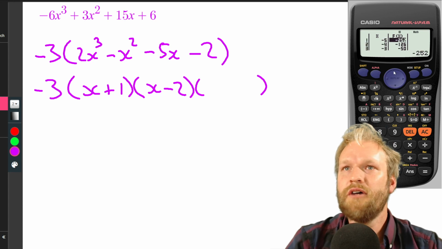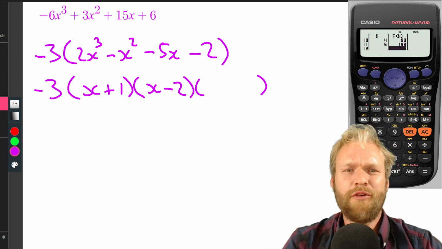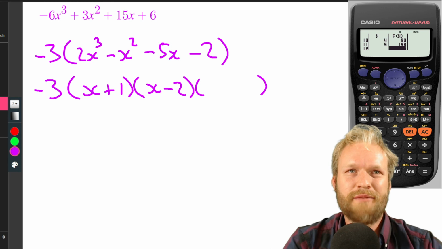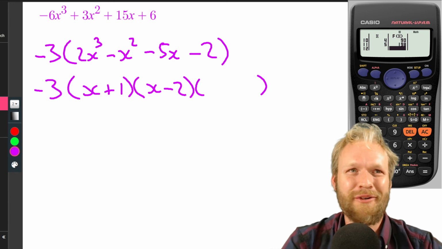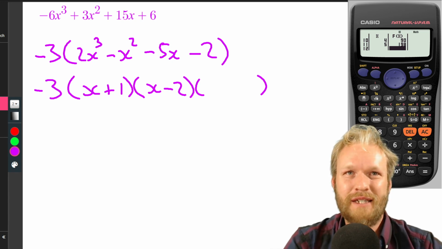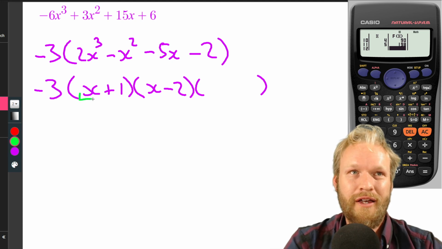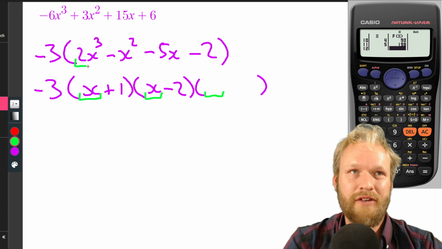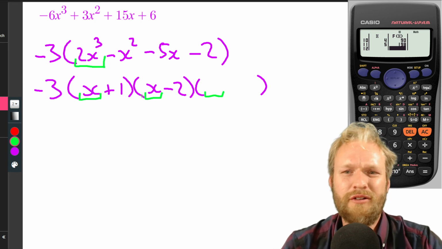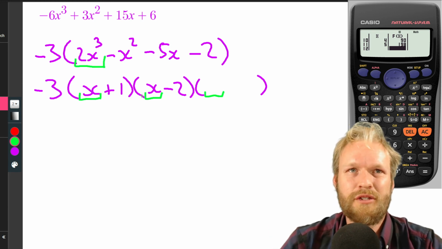And that's all. Okay, but there must be a third bracket here, because x times x gives us x squared, and this should be an x cubed, now that we got that right. So x times something is going to give us 2x cubed. That's the only term that's going to give us x cubed.